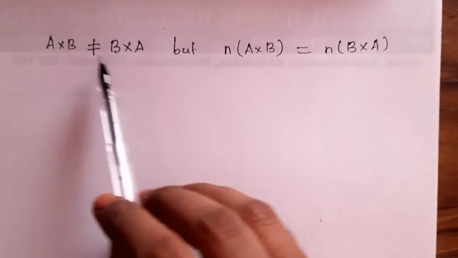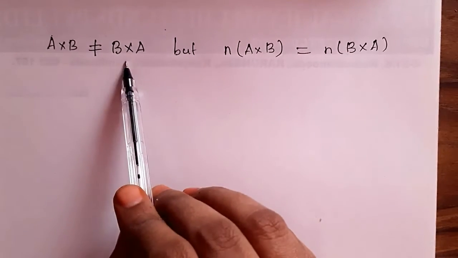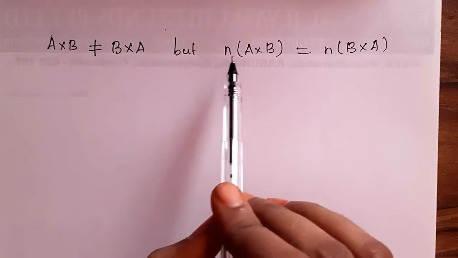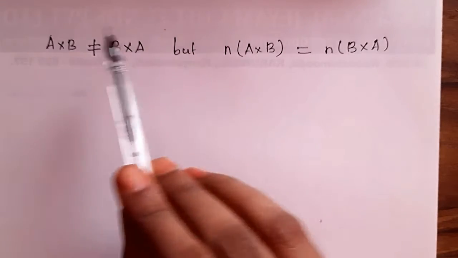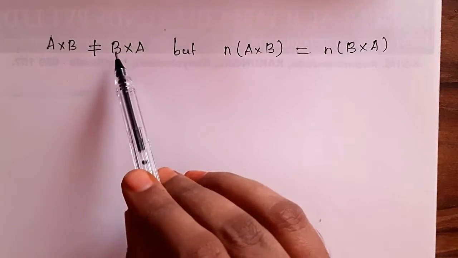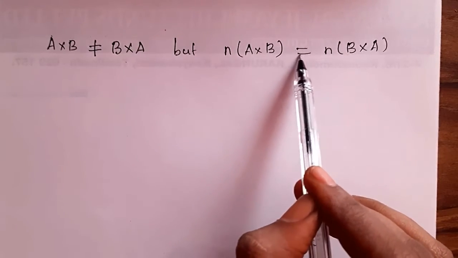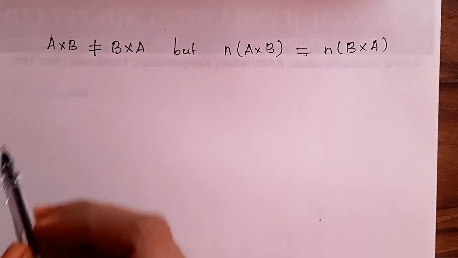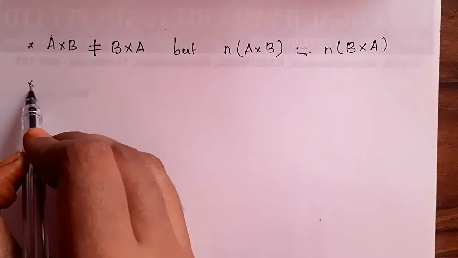So remember it, both are different, both are not equal. But when you count the number of elements in the set A cross B, and also in the set B cross A, the numbers are equal. Okay, this is a note. Next note.